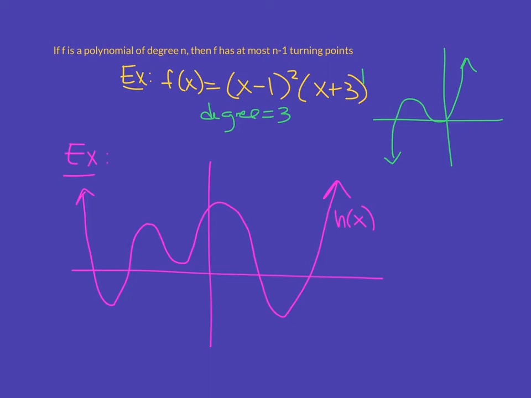But what we can do is figure out the lowest possible degree. So if you look at the number of turning points, there are these things right here. Those are my turning points. You'll notice I have 5 of them. So that means that my function has a degree of 6 or more.